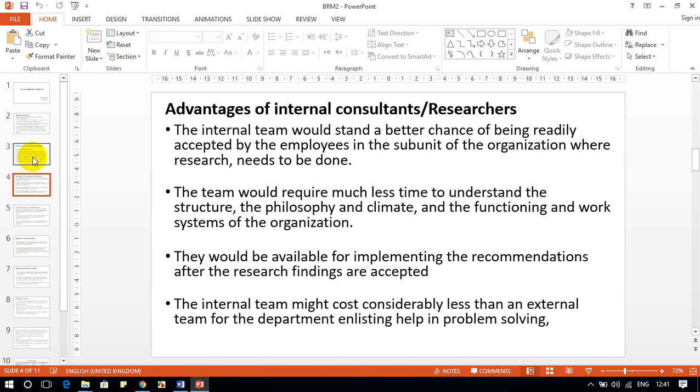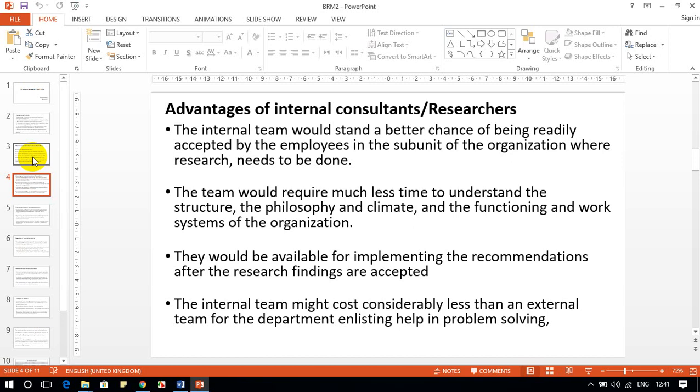At each and every corner and perspective of the business organization where there is a need for investigation, the internal research would be more helpful and give more chance of being ready to find the solution. So the first advantage is that internal consultants give researchers more chances of being ready to conduct the investigation.